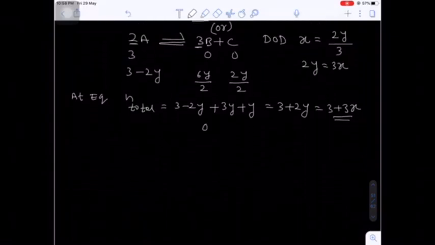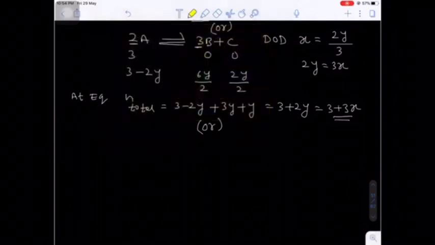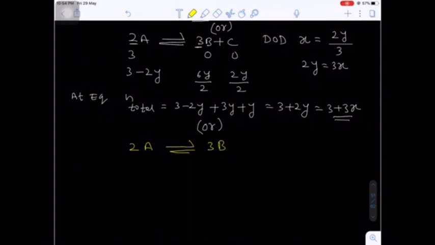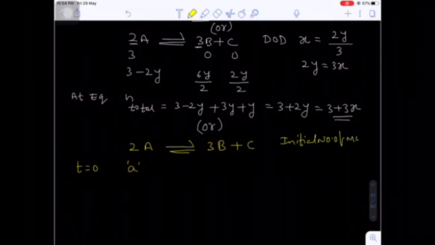Now here I am writing one general expression from which you can easily solve the DOD. So this is another method, the general method I am writing here. 2 moles of capital A in equilibrium with 3 moles of capital B and 1 mole of capital C. Always you take small a as the initial number of moles.